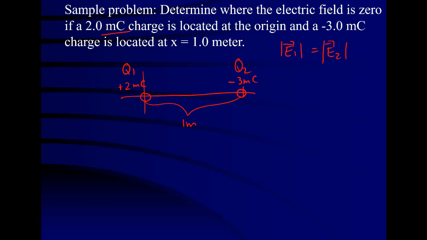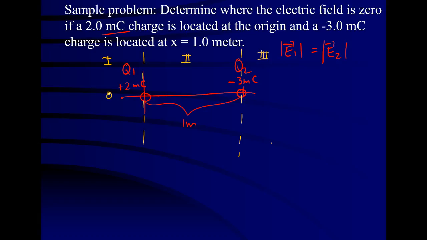But first we have to think about where this can happen. And so what we do is we split up space into 3 regions. One region is to the left of both charges, the second is in between, and the third is to the right.